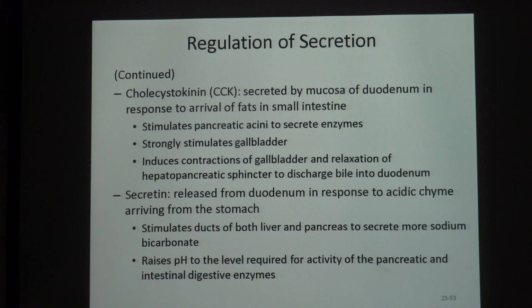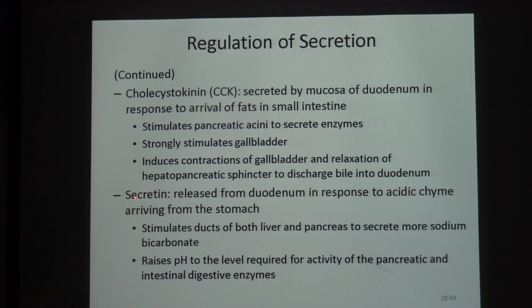Okay, so CCK, or cholecystokinin. Cholecystokinin is actually triggered by fats moving into the small intestine. So as fats in that chyme are pushed out of the stomach, cholecystokinin will immediately cause the gallbladder to contract and push out a lot of bile to begin breaking down that lipid-based material.